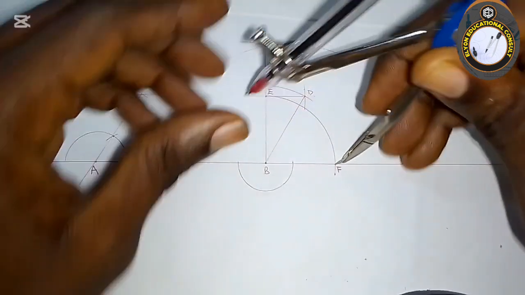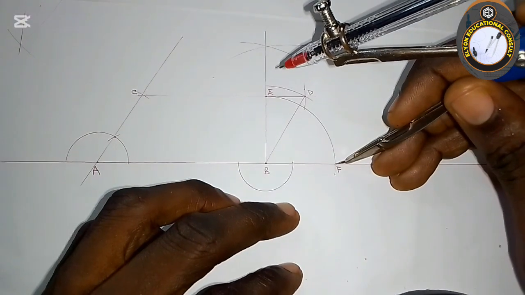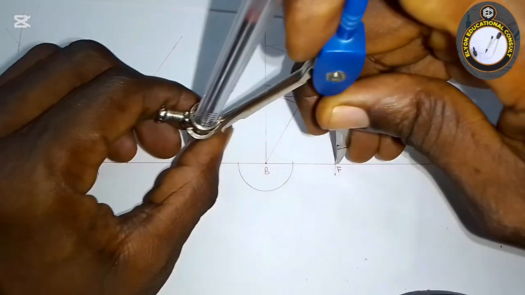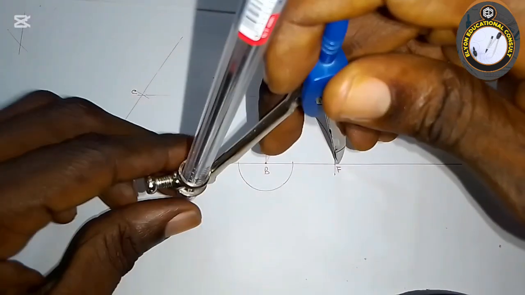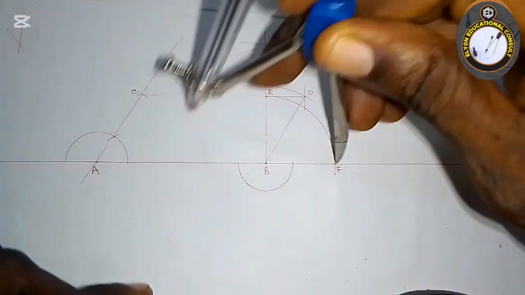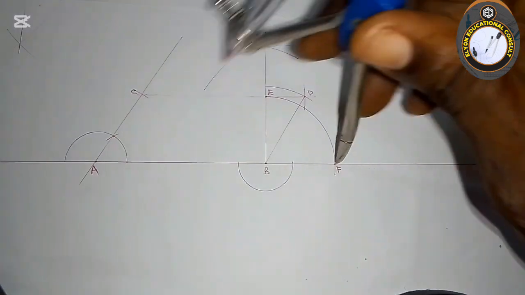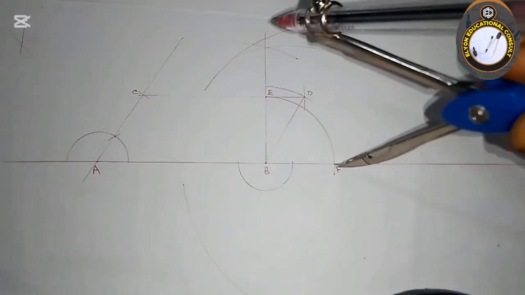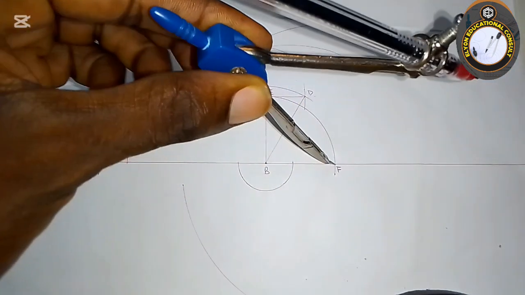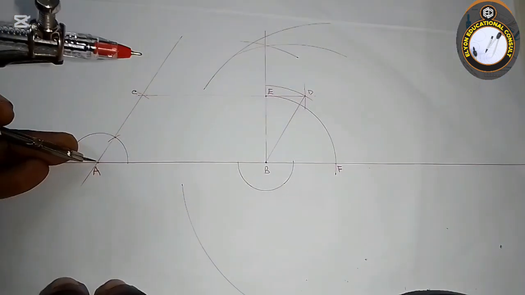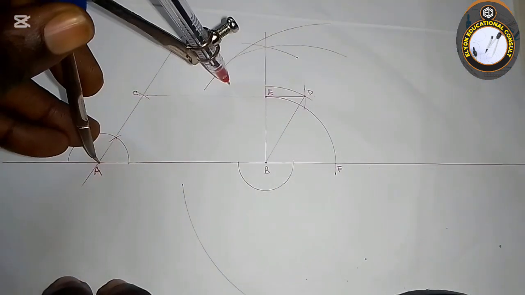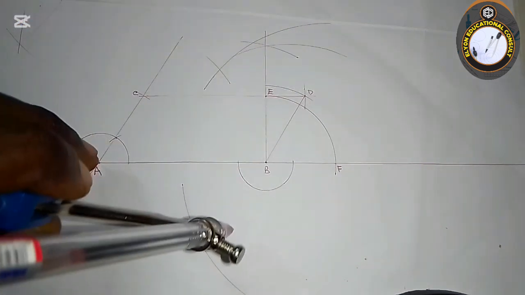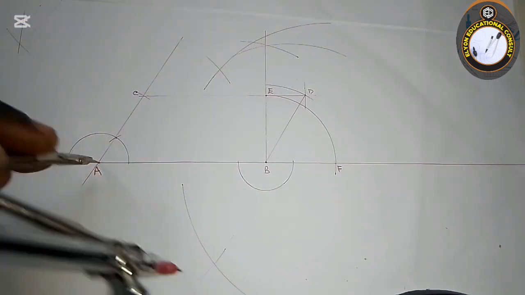Extend the compass a little that way, then strike an arc both up and down. I hope you can see that. Then place the same compass length on A and strike an arc. You can see where it intersects that arc.